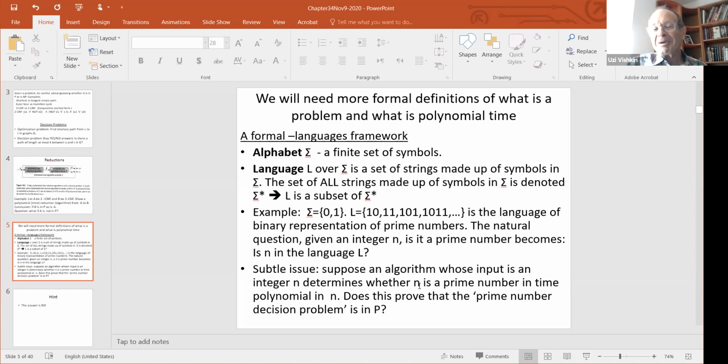So you gave a polynomial time algorithm in n. And remember, we are talking about polynomial time algorithms. So does it establish that the prime number decision problem is in P? I can't think of a reason why it wouldn't be in P, but it seems like... Okay, right.